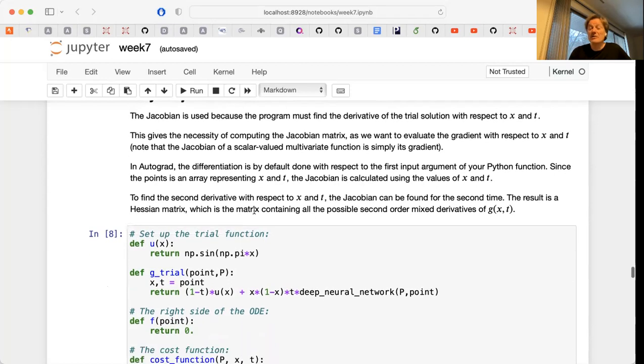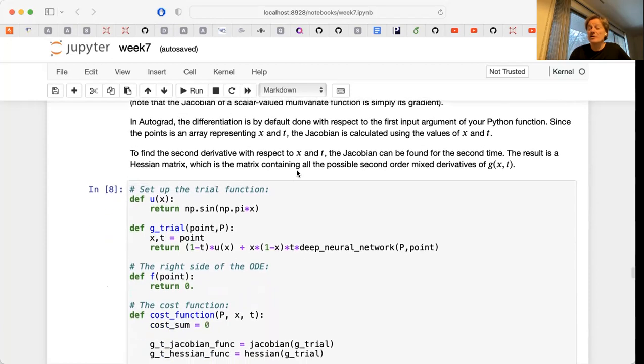And to find the second derivative with respect to x and t, the Jacobian can be found for the second time. And the result is a Hessian matrix, which is the matrix which contains all the possible second order mixed derivatives of the function g, x, and t. So just keep that in mind that in this specific case, you need to deal with the Jacobian.